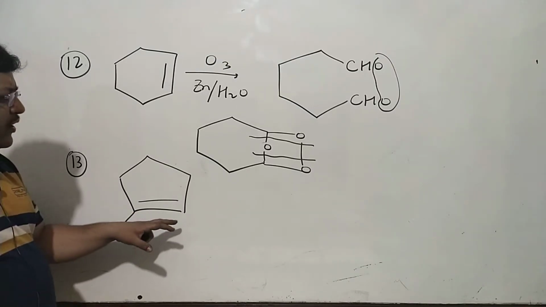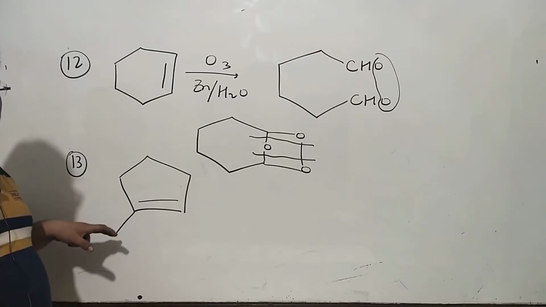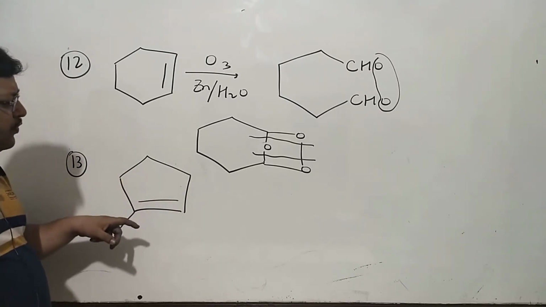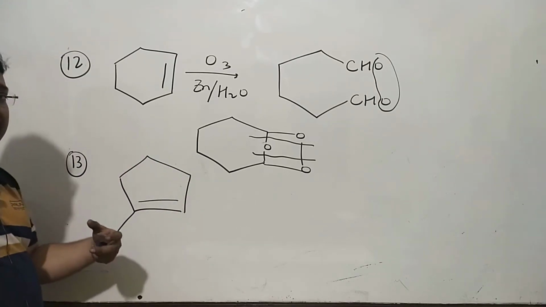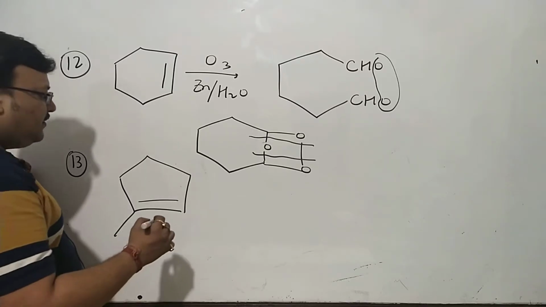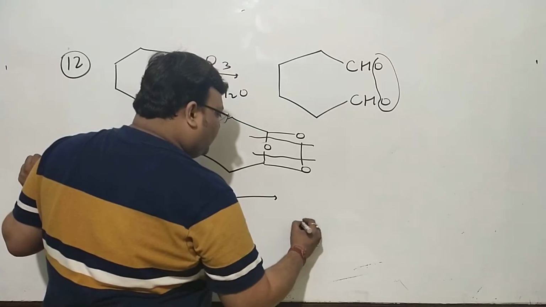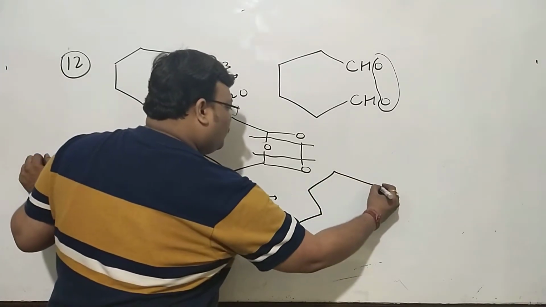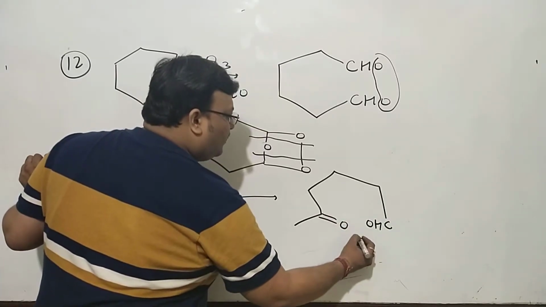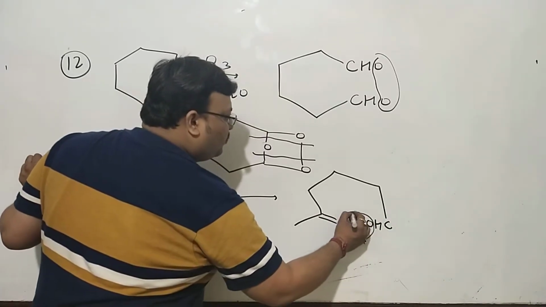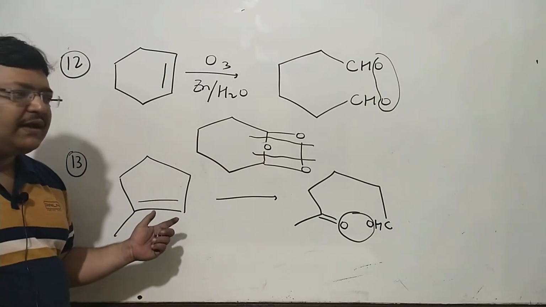You will want to name the product 5-oxo hexanal, 1, 2, 3, 4, 5, 6, and this is going to be the product. CHO here and double bond O here. Naturally, if you bring these two oxygen atoms close to each other and place a pi bond here, you will get the structure of the original alkene.